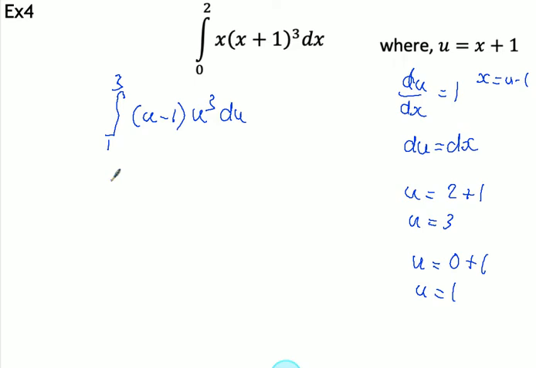So then let's just tidy this up ever so slightly. So that's now the integral between 3 and 1, u to the power 4 subtract u cubed du. Now the beauty of changing the limits is now we do not need to worry about rewriting in terms of x at the end, because it's going to evaluate to give the same value.